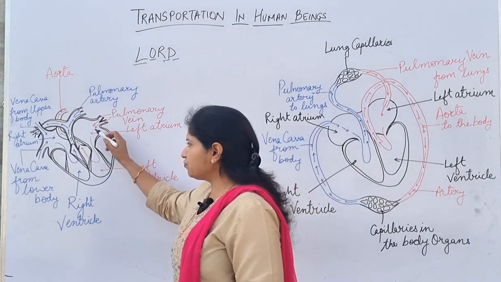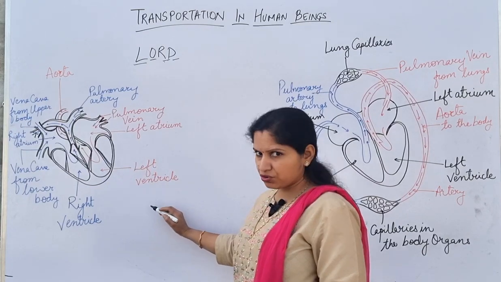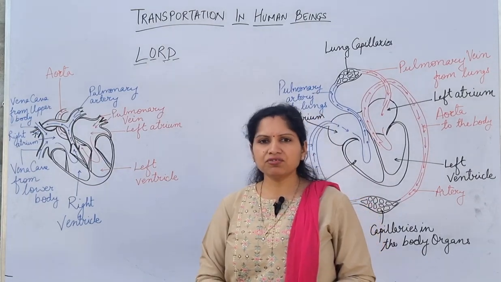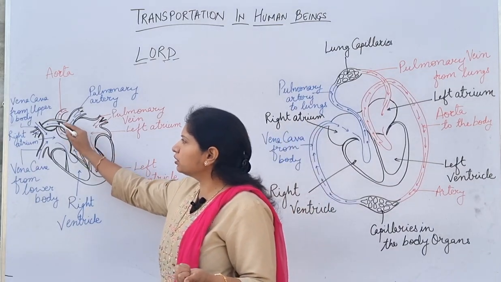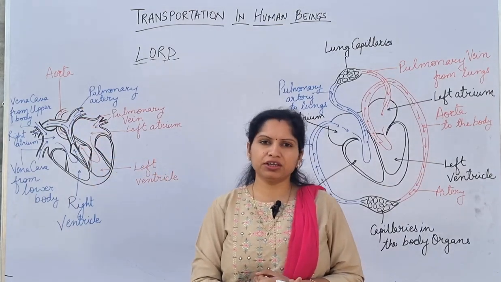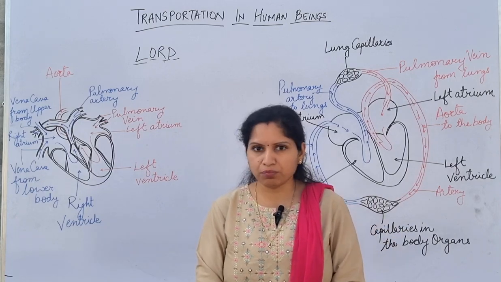From the left atrium, the blood goes to the left ventricle. When the left ventricle contracts, the blood passes to the aorta, and through the aorta it reaches each and every cell of our body.